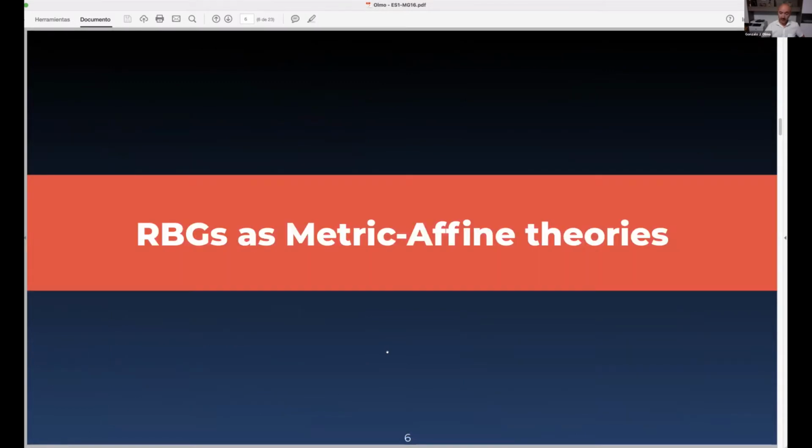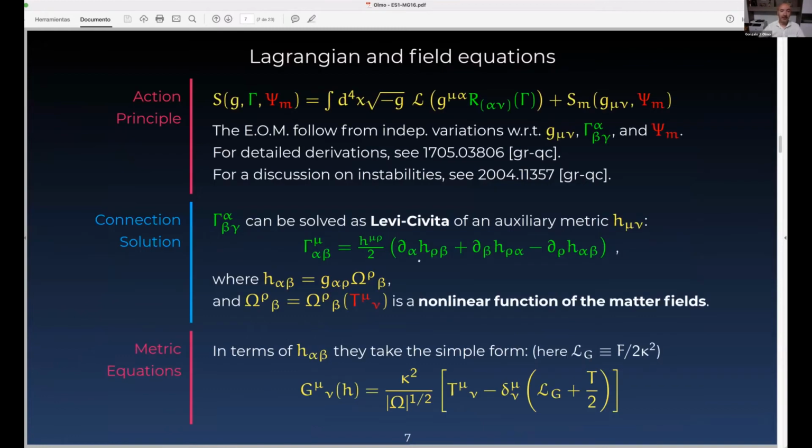Now let me enter into some technical details, in particular to explain how Ricci-based gravities are seen as metric-affine theories. The first thing is to consider the action principle. The action of these theories is called Ricci-based because the key object in the gravity Lagrangian is the Ricci tensor, in particular the symmetrized Ricci tensor.